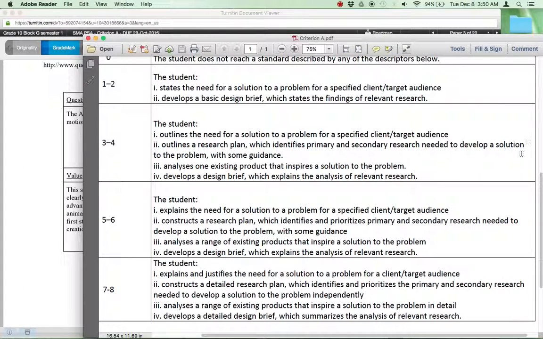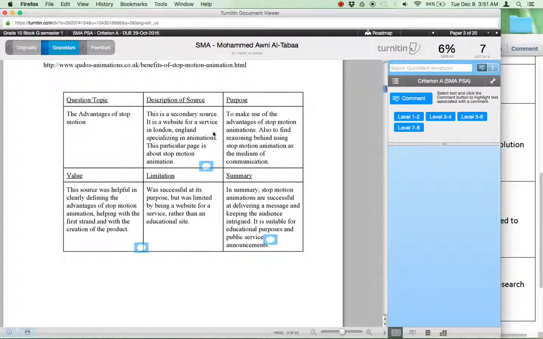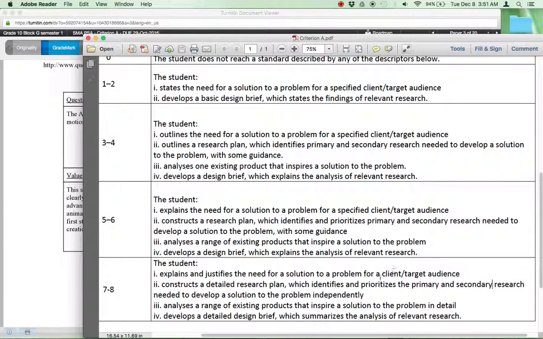If you jump back to the default, that's your detailed research plan right there. On Unit 2, we really emphasize you put in your primary and secondary sources. This is Unit 2, so obviously he has his secondary, but he doesn't have his primary. On your Unit 3, we're really going to hit you hard for that prioritizing.